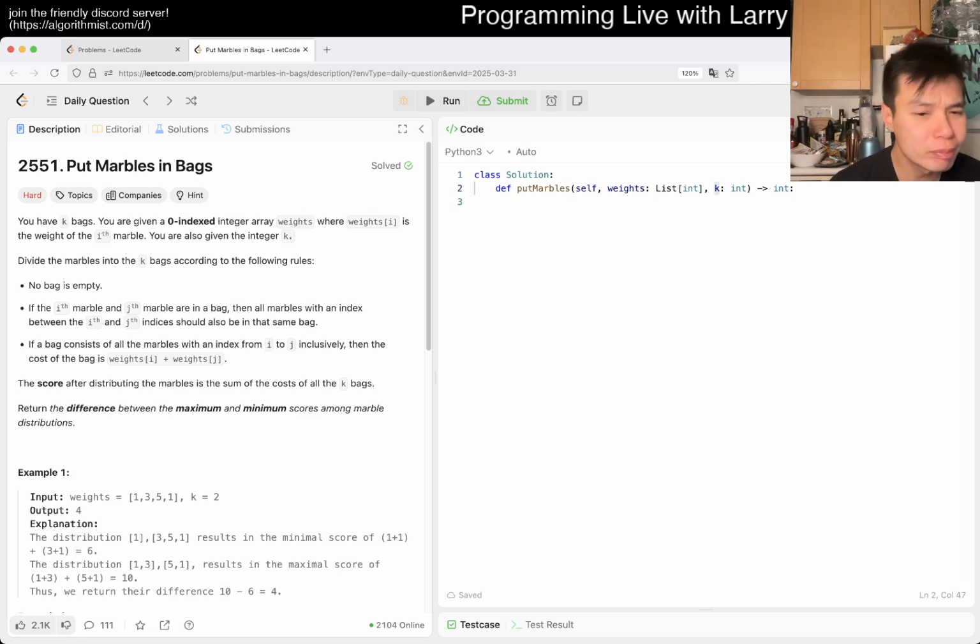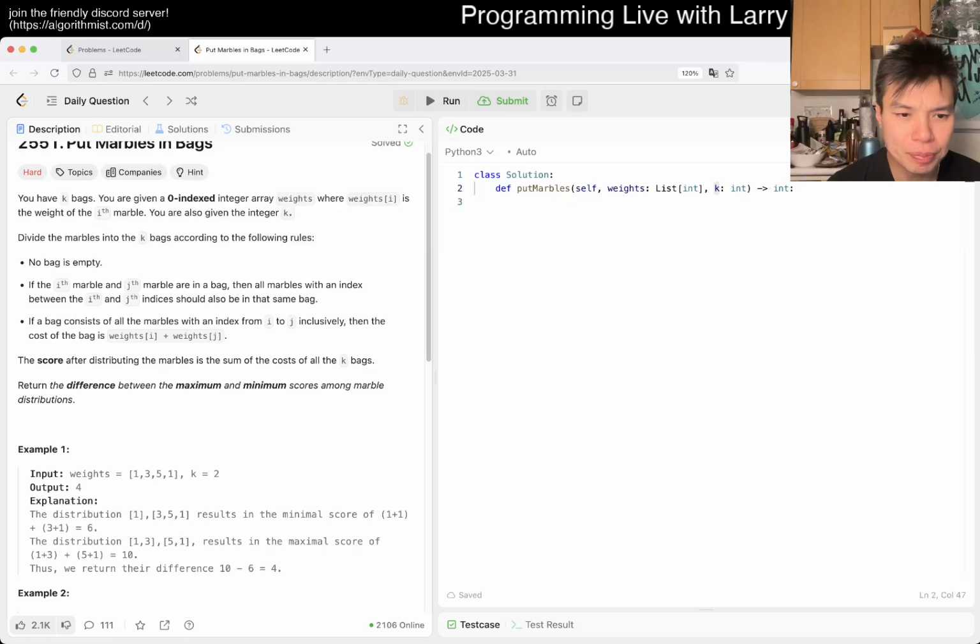But no. Okay, so what is the maximum score, right? The maximum score would be that you have the biggest numbers possible, and the minimum would be the smallest score possible. Okay, I'm just saying very dumb things, but okay.